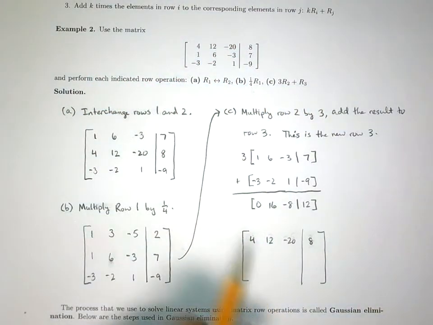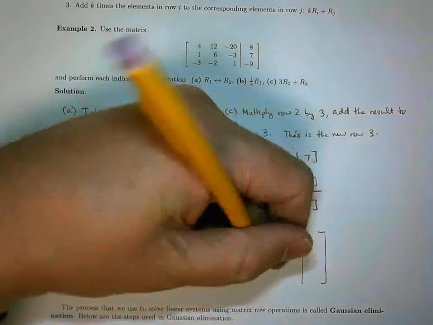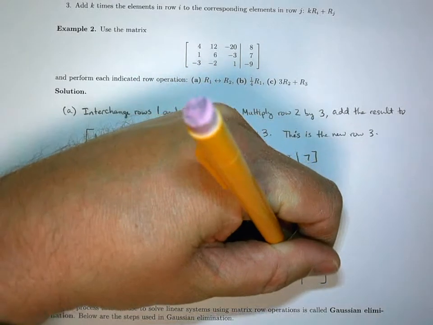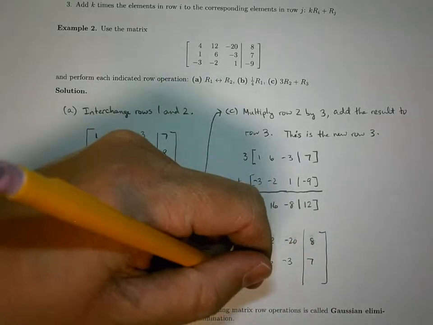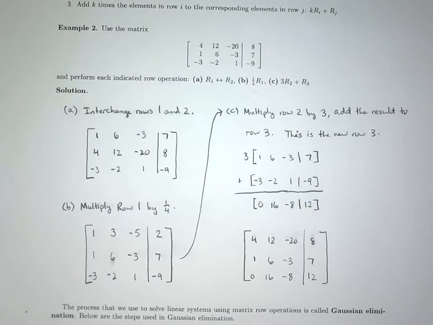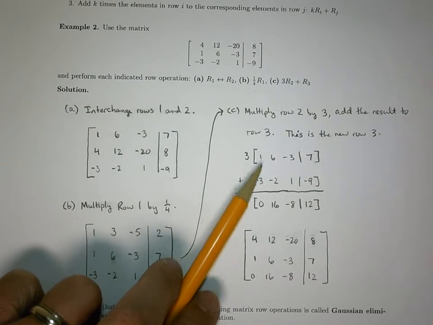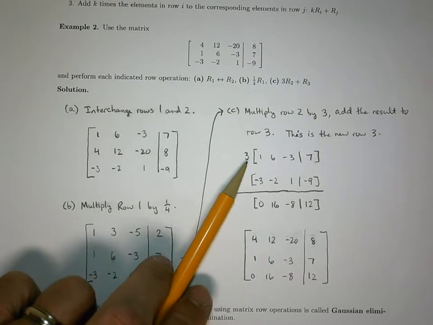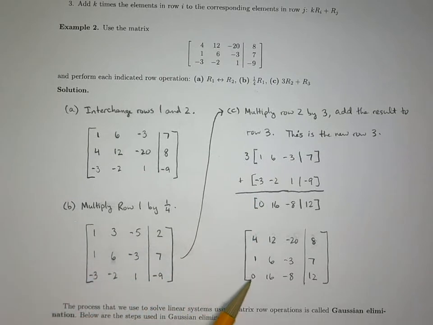Row 2 is still 1, 6, negative 3, 7, and the new row 3 has these entries: 0, 16, negative 8, 12. If we think about the system of equations, this is a 1x and a negative 3x. So we multiplied this equation by 3 to get a 3x, and then 3x and minus 3x make 0x, so we eliminated x. That's what's happening if it were a system of equations.